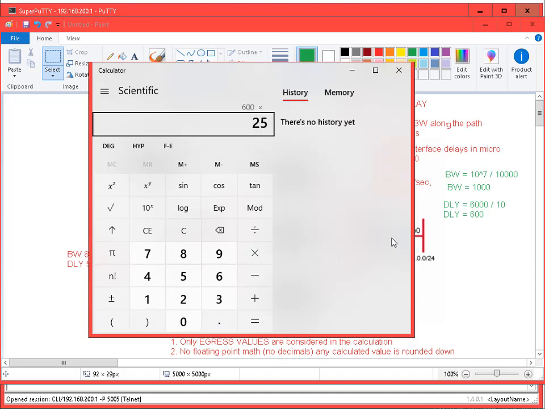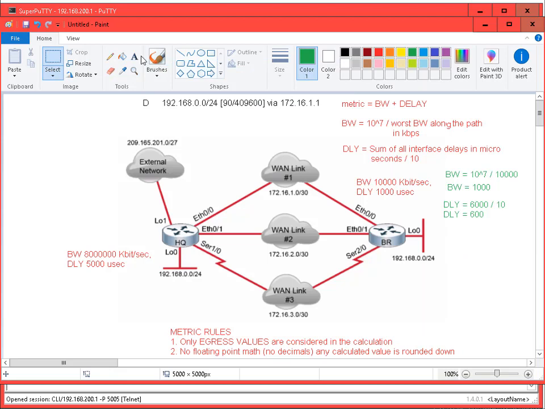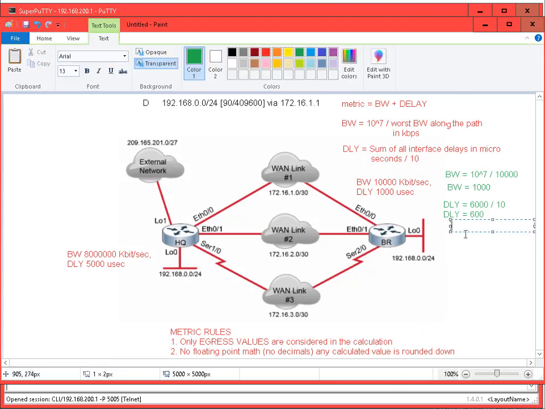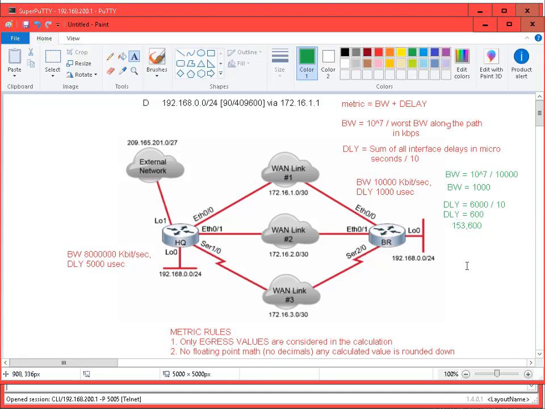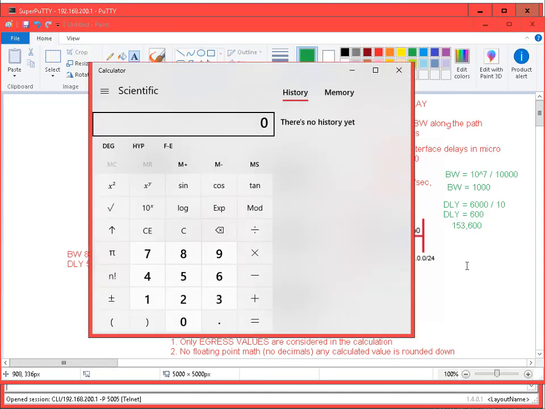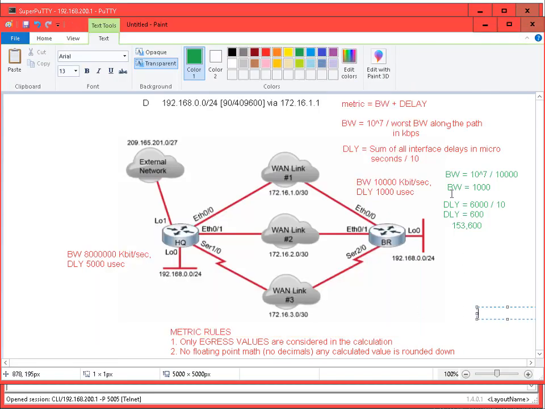600 times 256 is 153,600. So that becomes the delay portion of the formula, 153,600. And then if I take my bandwidth, 1,000 times 256, that becomes my 256,000. See if I can squeeze that in there. And then I add those two numbers together, and that's going to work out a lot better for us.